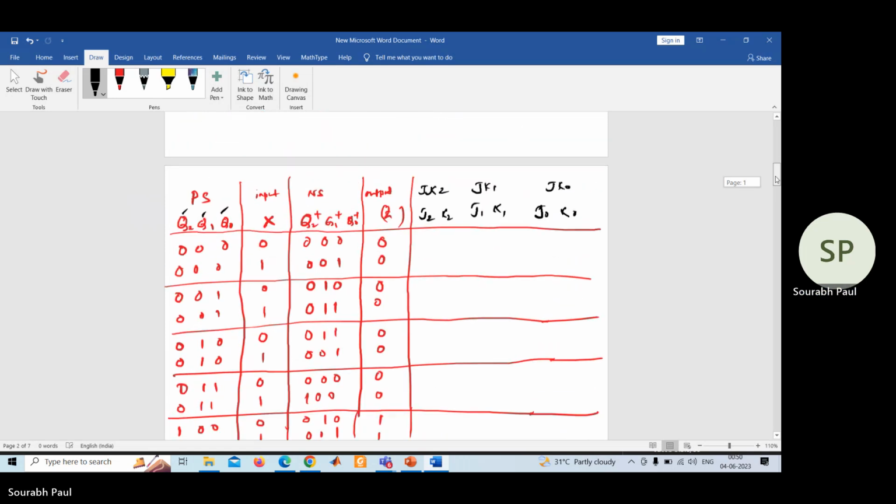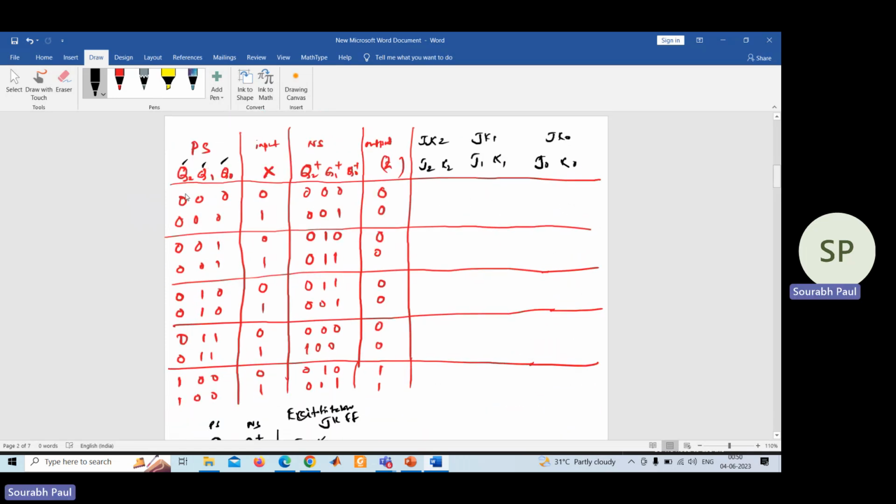So we need to use the excitation table of JK flip-flop to determine the values of J2, K2, J1, K1, and J0, K0. How? If it is 0, 0, then you need to write 0x. See here we are comparing Q2 and Q2 plus, so we write the values for J2 and K2, as we are considering the second flip-flop.